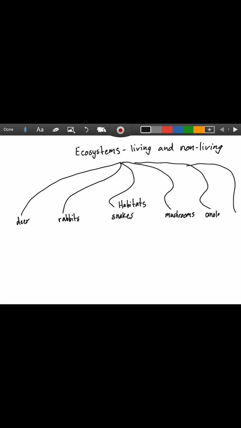I think anoles is for plural and anole is for singular. Anoles are gecko-looking creatures. And what else can I fit over here? I wish I wouldn't have done that last one. I'm almost out of space. Oh, how about this small word: ants.